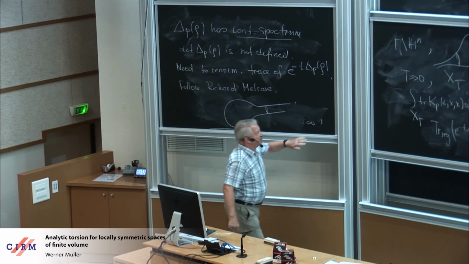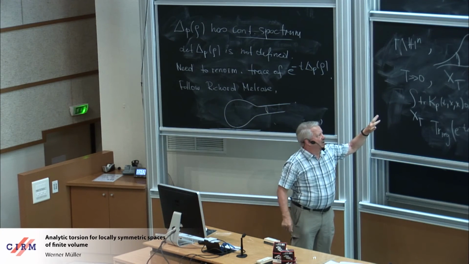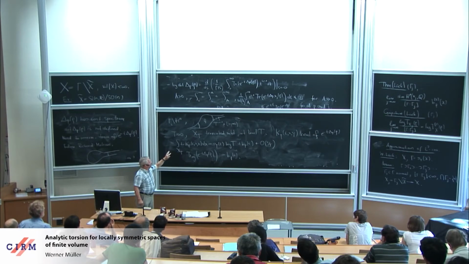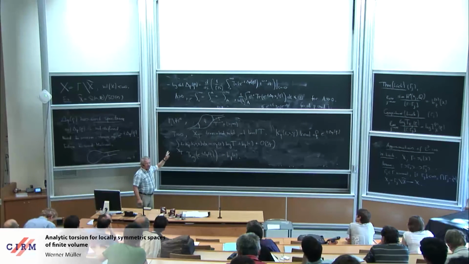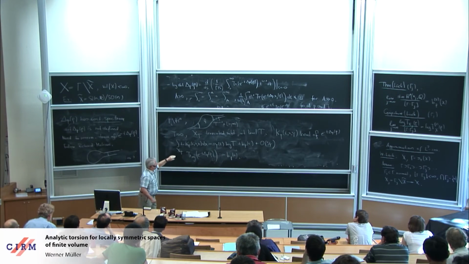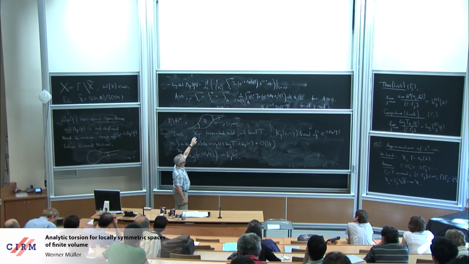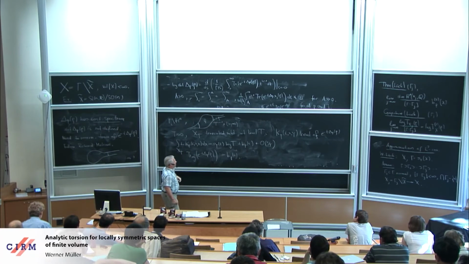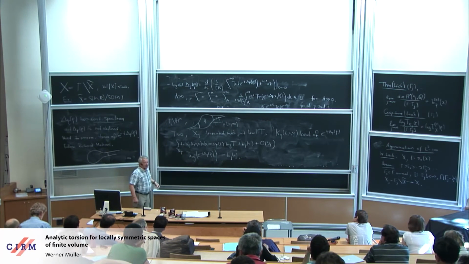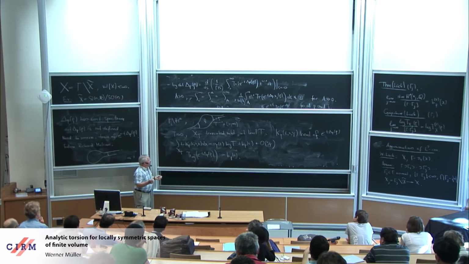Here we have the cusp, and the only part that makes the trouble is the constant Fourier coefficient. So you take your heat kernel, for example on functions, expand it on the cusp in a Fourier series with respect to the modes on the torus, and then all the non-zero Fourier coefficients are square integrable. So the only trouble is the zero Fourier coefficient.